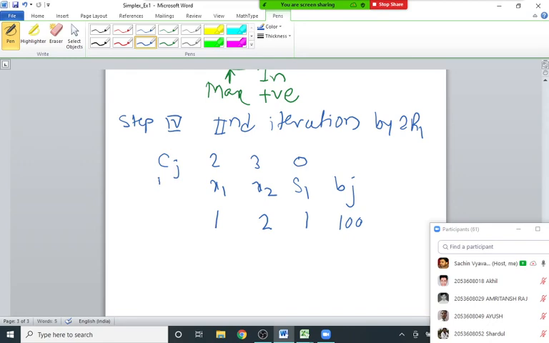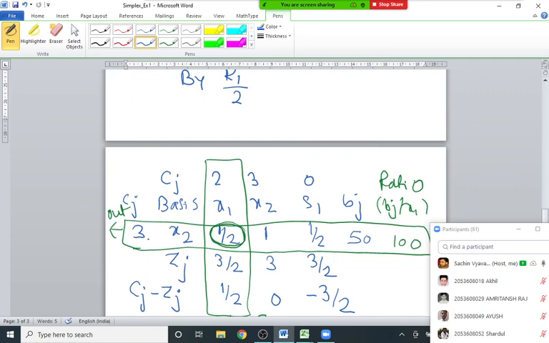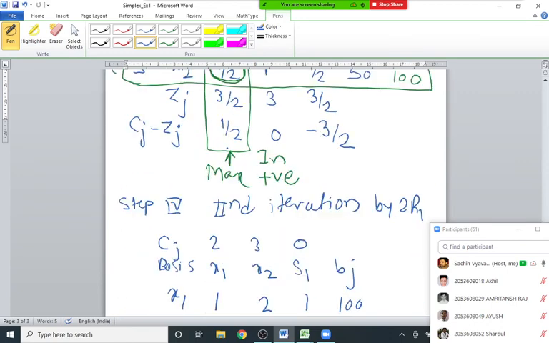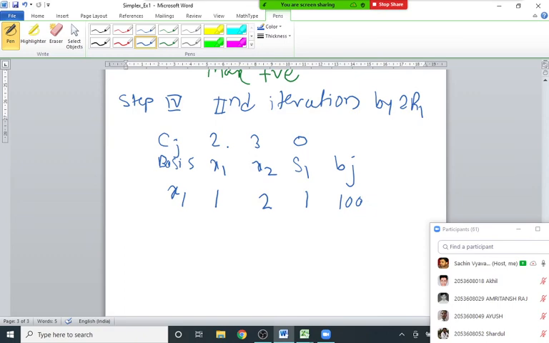So that's done. The basis will change now. The original basis is x2. Now it comes as x1, because x2 goes out. We write here, this x2 is out, and for x1 we write in. So the place of x2 will be taken by x1, and x1 is in the basis now. And the corresponding cost value. What is the cost value of x1?